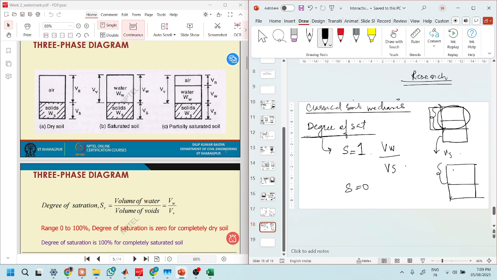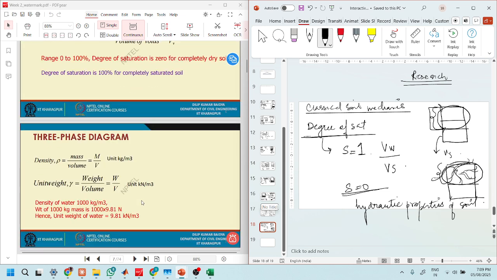So it is more about telling you this, which is important usually in the hydraulic properties of soil. It is more important with the network of pores, what percentage of the pores is filled with water and what percentage is filled with air. So degree of saturation is 0 to 100.